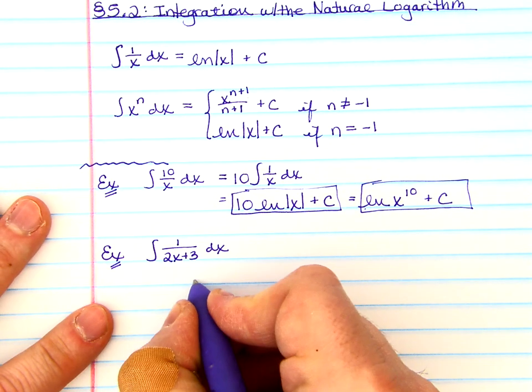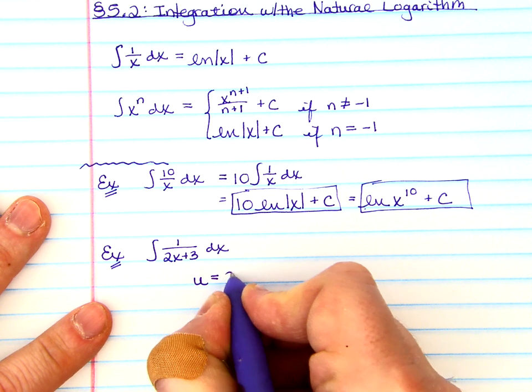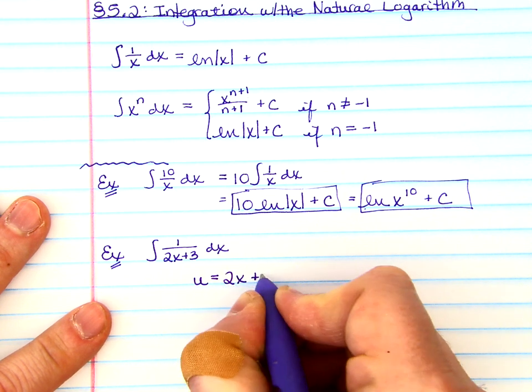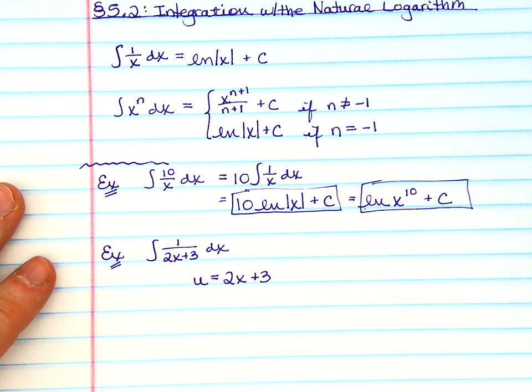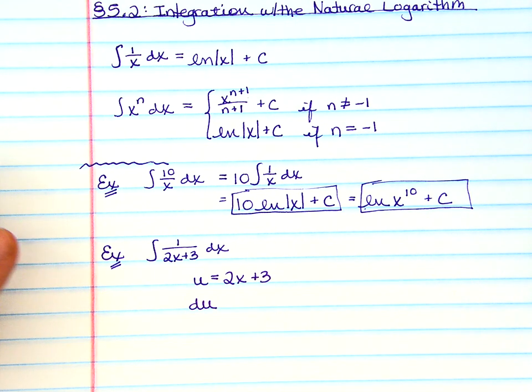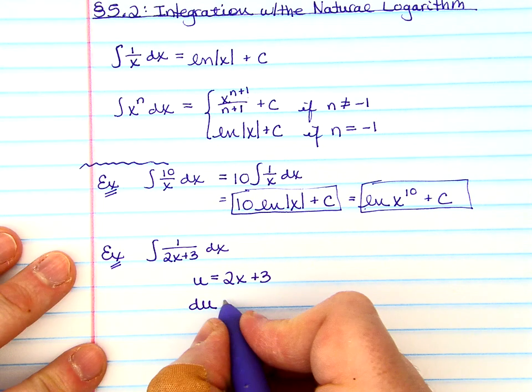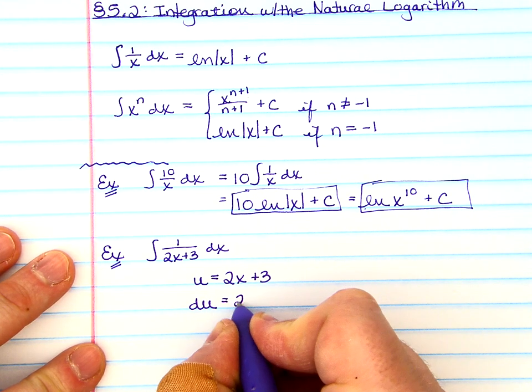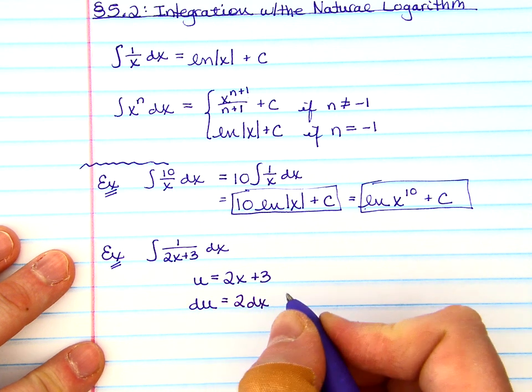I'm going to make u the entire denominator. I'm going to make u 2x plus 3. Well, quickly go calculate your du. That should be 2 dx.